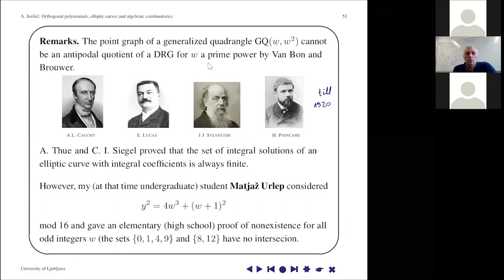Now, elliptic curves were really thoroughly studied already till 1920. There were these four mathematicians, Cauchy, Lucas, Sylvester, and Poincaré, famous mathematicians who were dealing with elliptic curves. But after that, this just exploded. So they say that it's not a thread that you could speak about elliptic curves hours and hours.